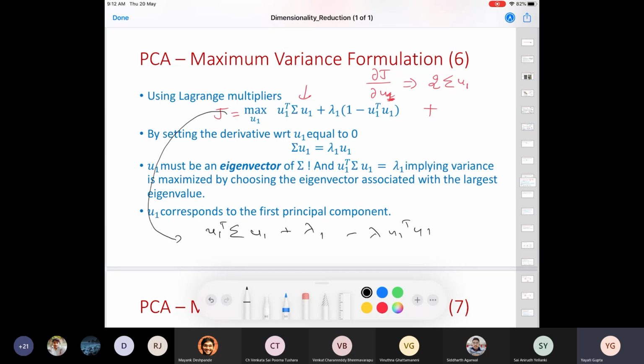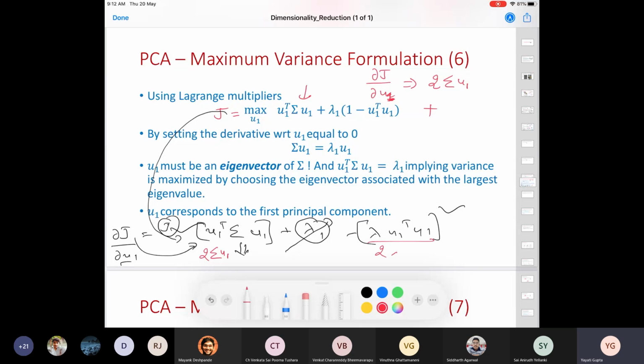Now, if you differentiate this with respect to u1, you will get one entity here and one entity here. This term will go to 0 because there is no component of u1. So if I differentiate this J with respect to u1, the term lambda 1 goes to 0. The differential of this term is 2 times the covariance matrix times u1, and the differential of this is 2 times lambda times u1.